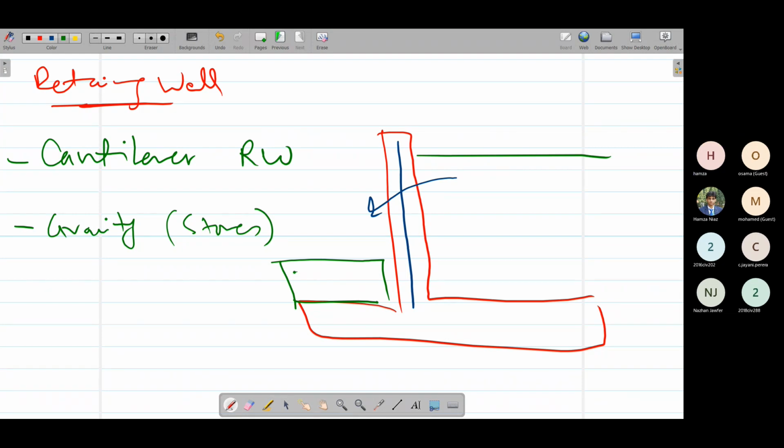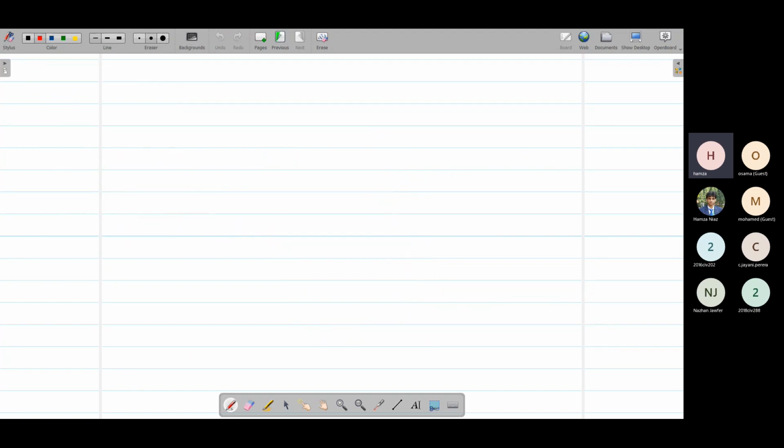But the major portion is the cantilever retaining wall. The gravity retaining wall is very much simpler because we do not need to design anything. We only apply some stability checks on it. In a cantilever wall, we have to apply the stability checks as well as design the components. So the cantilever wall is more difficult.